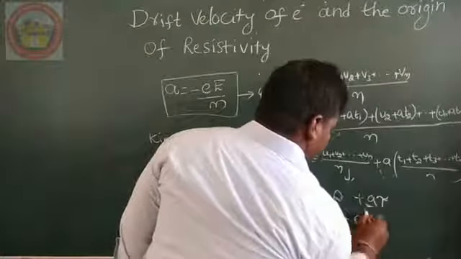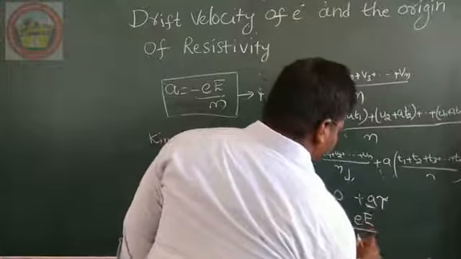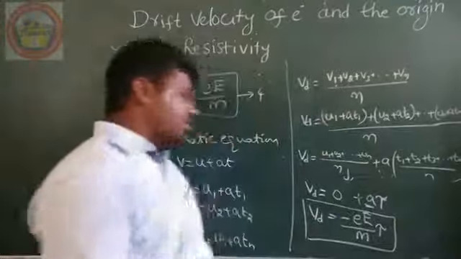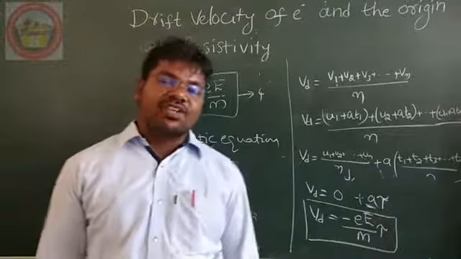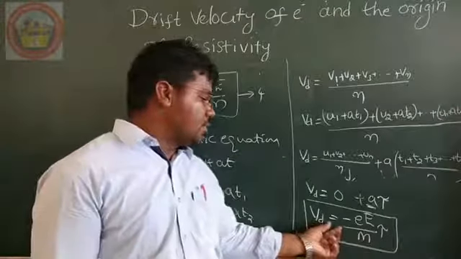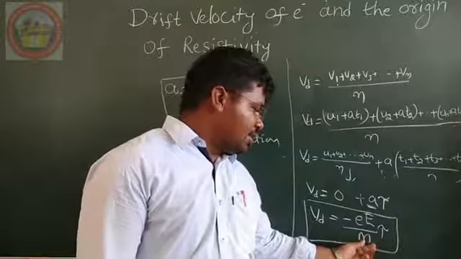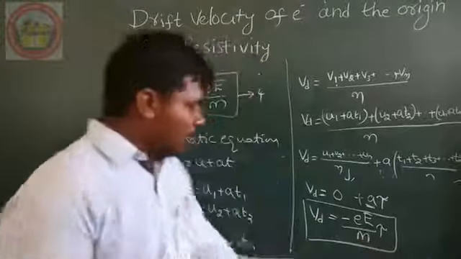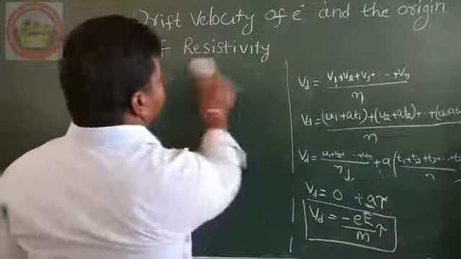So Vd is equal to minus small e capital E by m into tau, where tau is relaxation time. This is the expression of drift velocity.